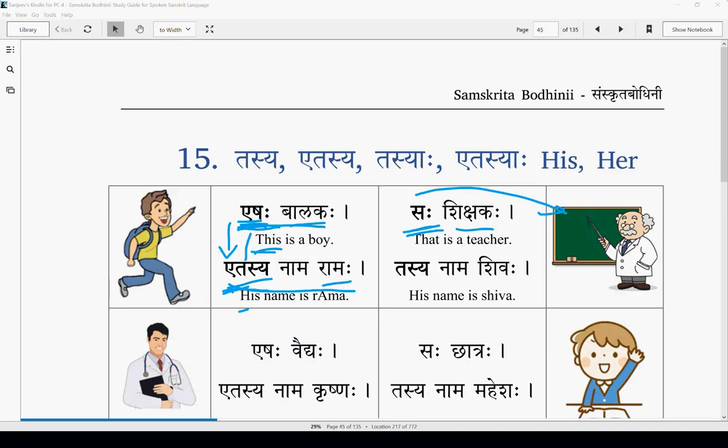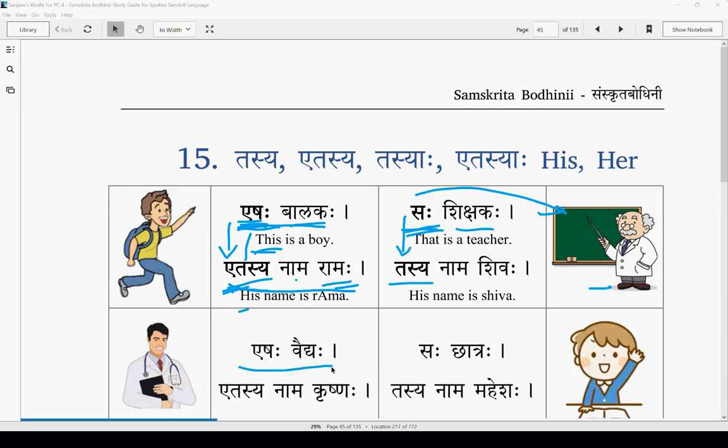Etasya, this boy's name is Ramaha. Similarly, we have Saha Shikshakaha. The Shashti Bhakti, sixth case ending for Saha, is Tasya. Tasya Nama Shivaha. So he is a Shikshaka, his name is Shiva.